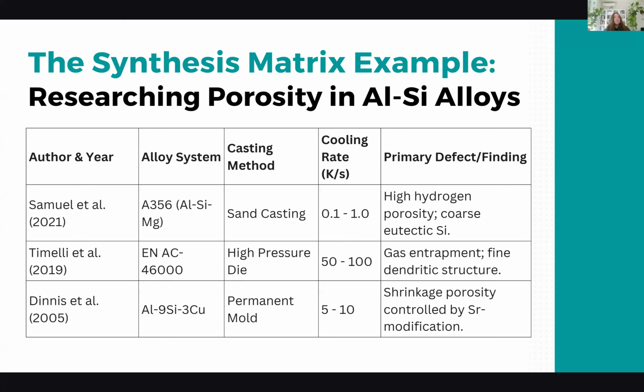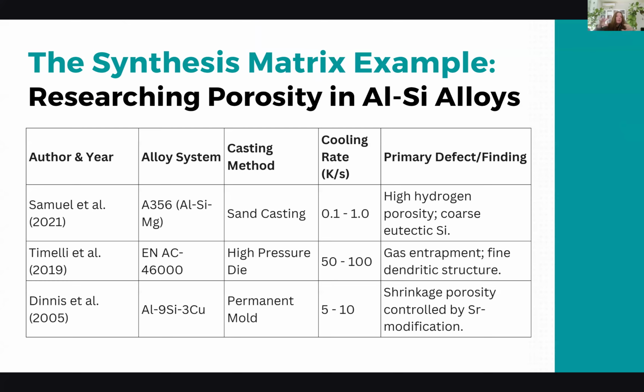For instance, you can compare the defects characteristic for this type of alloy, aluminum silicon alloys, for different casting technologies. So, for example, your first section would be about the defects that occur in these alloys for sand casting. The second section would be for permanent mold casting, and the third section would be about high pressure die casting defects.